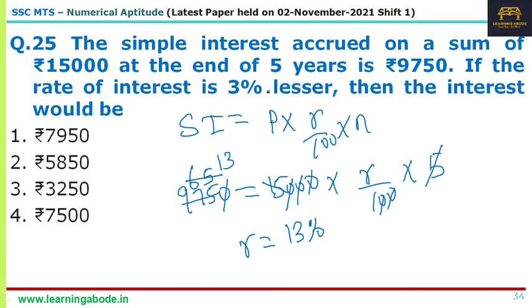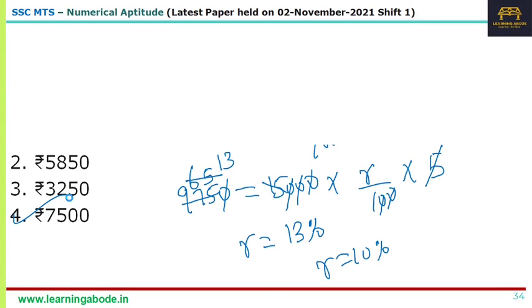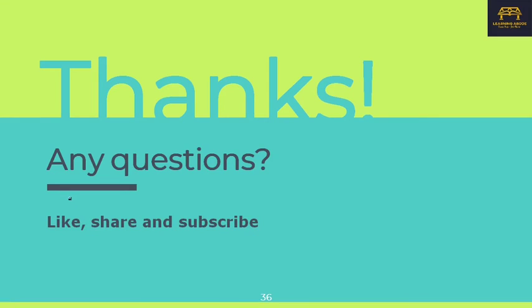Now if you are looking for 3% less, then the rate of interest is 10%. So 10% on 15,000 is 1500, and for 5 years it is 7500. So that's answer option 4. Answer option 4, 7500 is the answer for question number 25. So with this we have come to the end of this video.